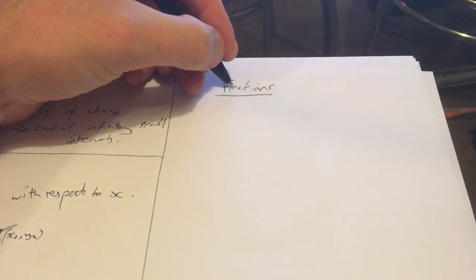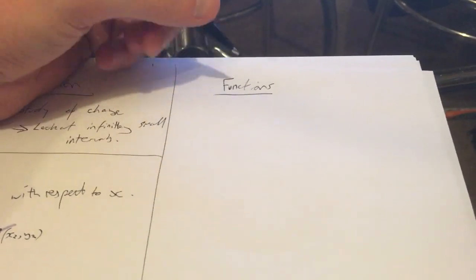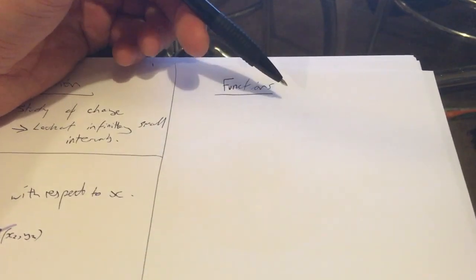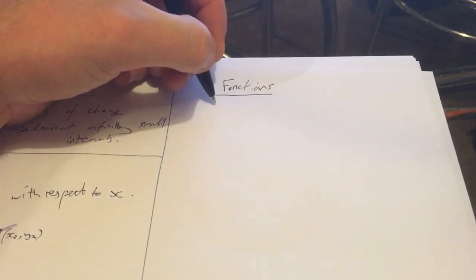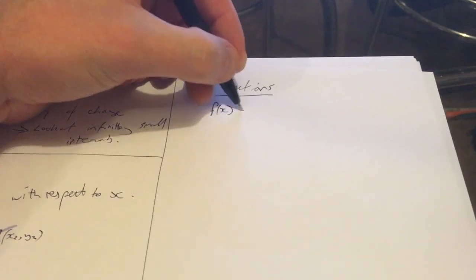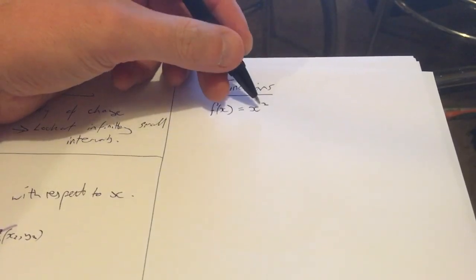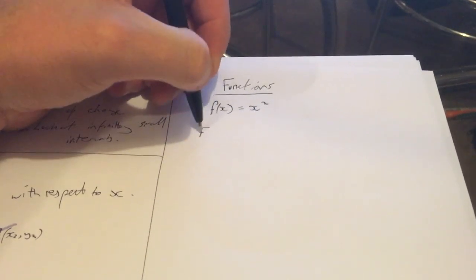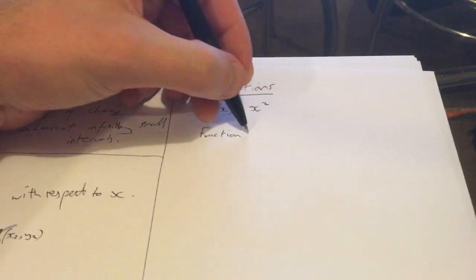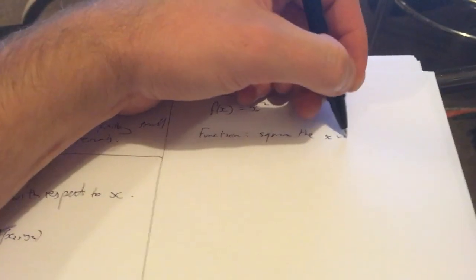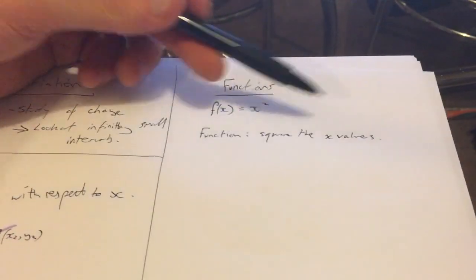But so a function basically is any operation that you can put x values into and get out y values. So our notation for it is we could say f of x equals x squared. And this would be basically saying our function is x squared. So the function is square the x values.